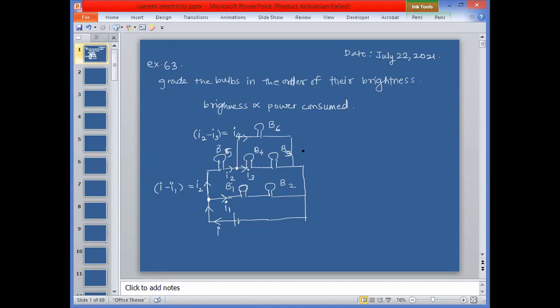Now what we have to do is grade the bulbs in their order of brightness. So we have to find out the power consumed by each bulb.